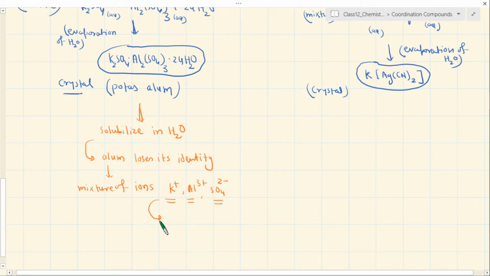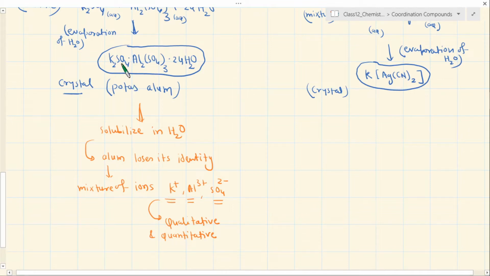And also, both qualitative and quantitative analysis, like they will establish the proportion in which they are created here. For one potash alum, how many potassium ions you are supposed to get? 2 of that.